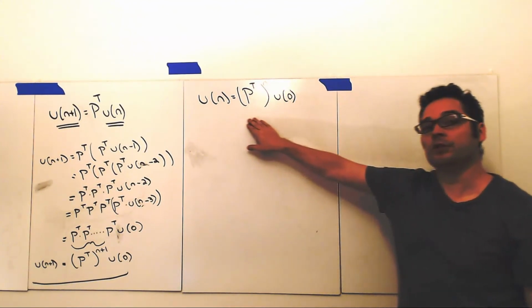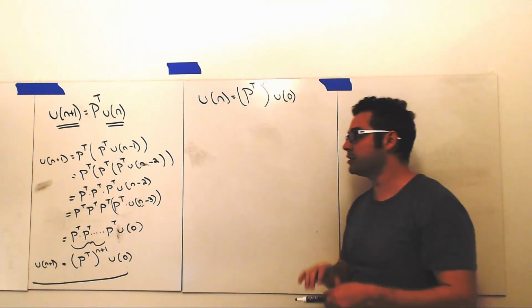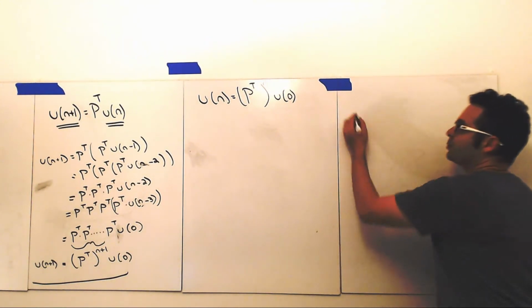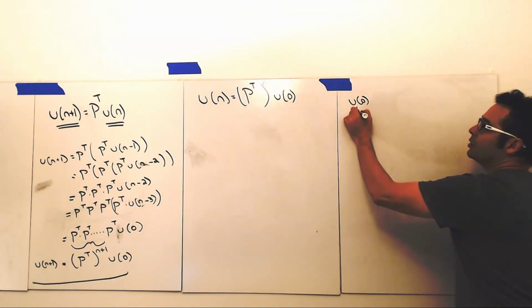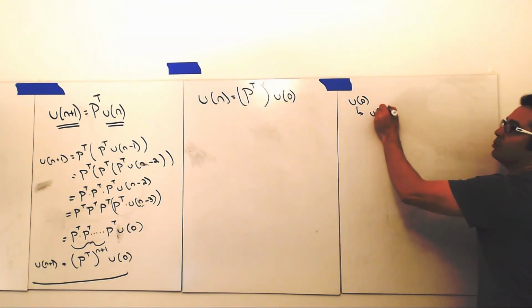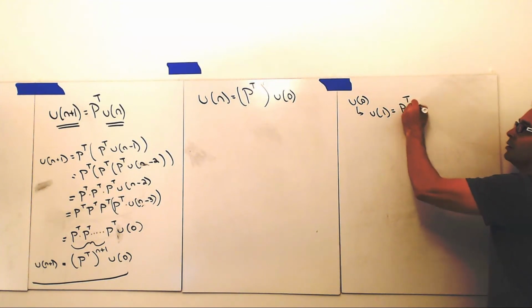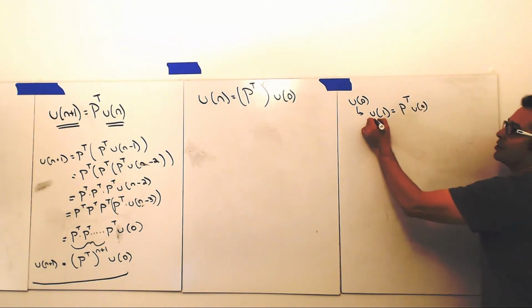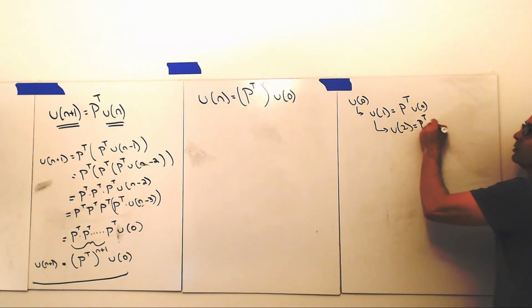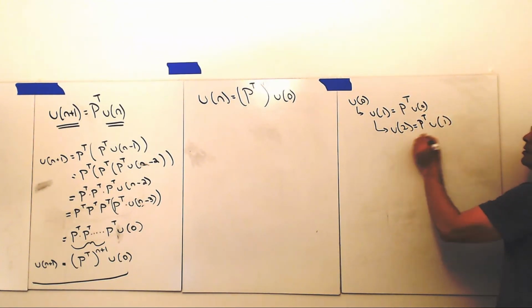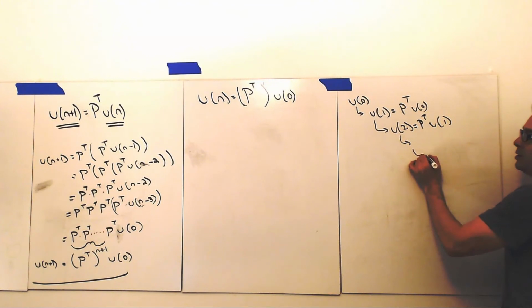This is a very useful equation, because what it tells us is we don't have to go through this process of saying, all right, I know u0, so that allows me to calculate u at time step 1, which allows me to calculate u at time step 2, and to keep doing this.